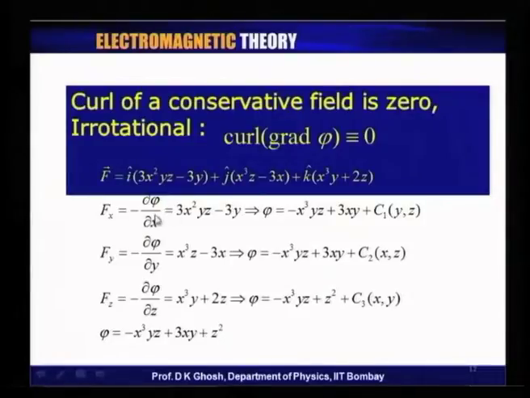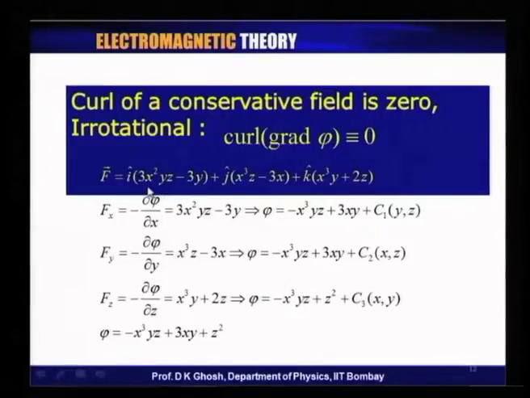You notice here that I have a force F, and I know its x component, y component and z component. So, fx is minus d phi by dx. I have taken F to be equal to minus grad phi. It is a partial derivative.